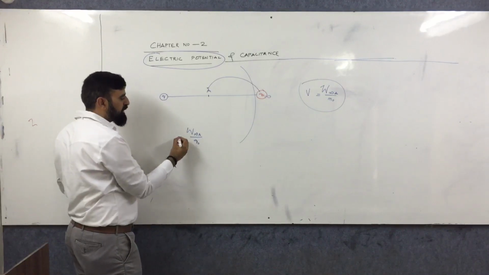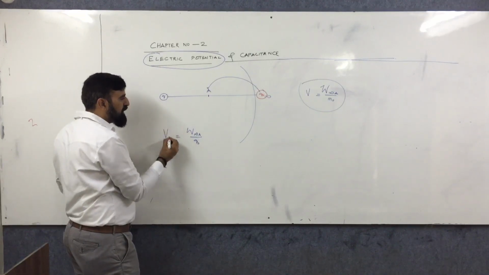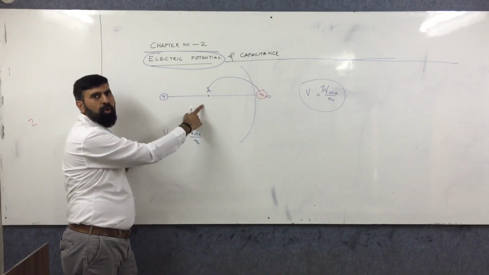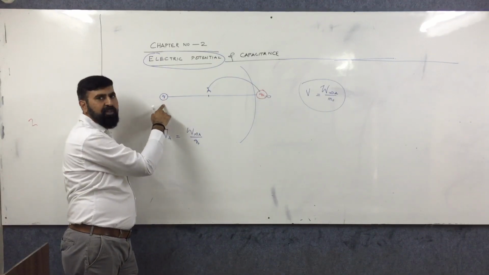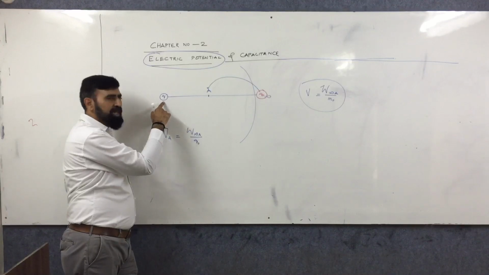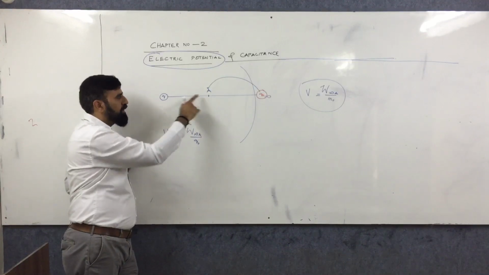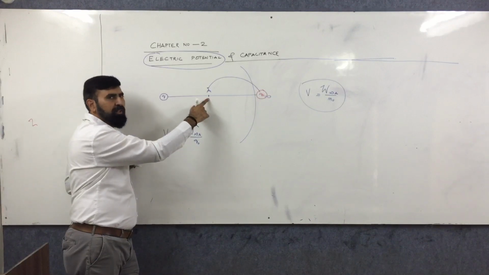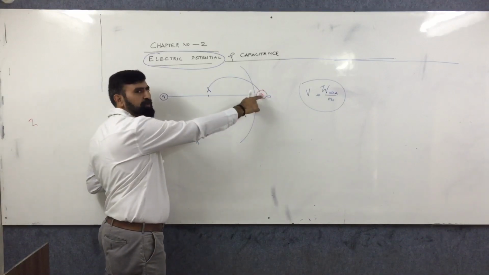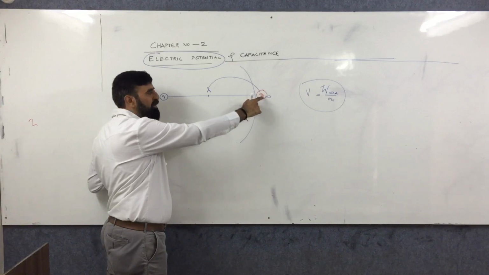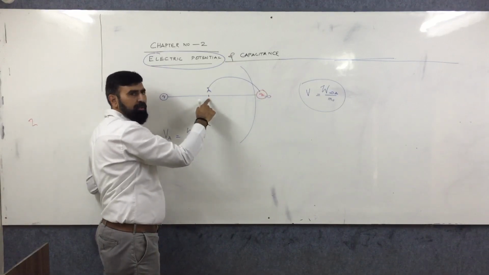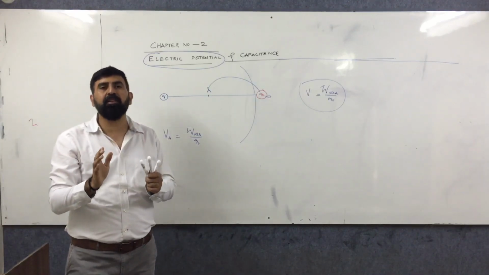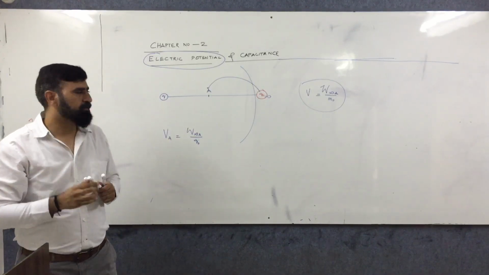Now this expression will give you potential at point A. Potential at point A due to what? Due to the given charge. So potential of this charge at a point is the work done to bring a unit positive charge, called test charge, from infinity to this point per unit charge. I think that is the basic understanding of potential, isn't it?